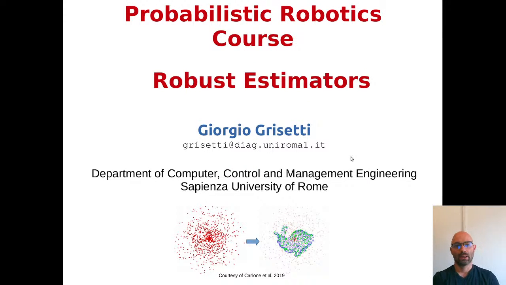And we will talk about robust estimators, which is a way to deal with outliers, which are wrong correspondences, in many robotics problems, or whenever least squares is involved.